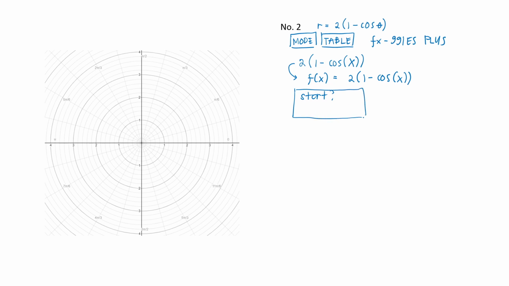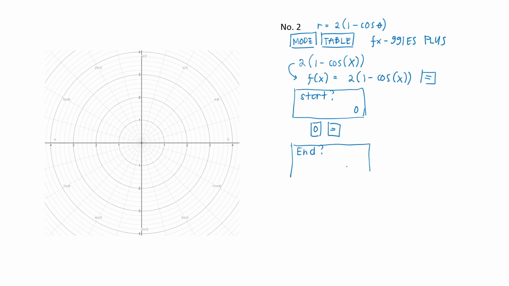For those of you who haven't absorbed this yet, what will appear on your screen once you press equal after plugging in your equation is the start screen. Then you press 0 because that's our starting value, then equal. The next is it will ask for the end value.